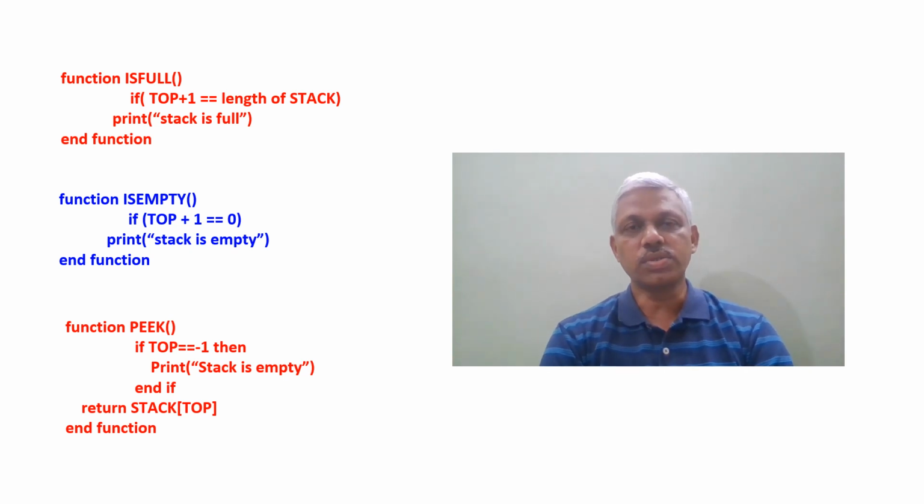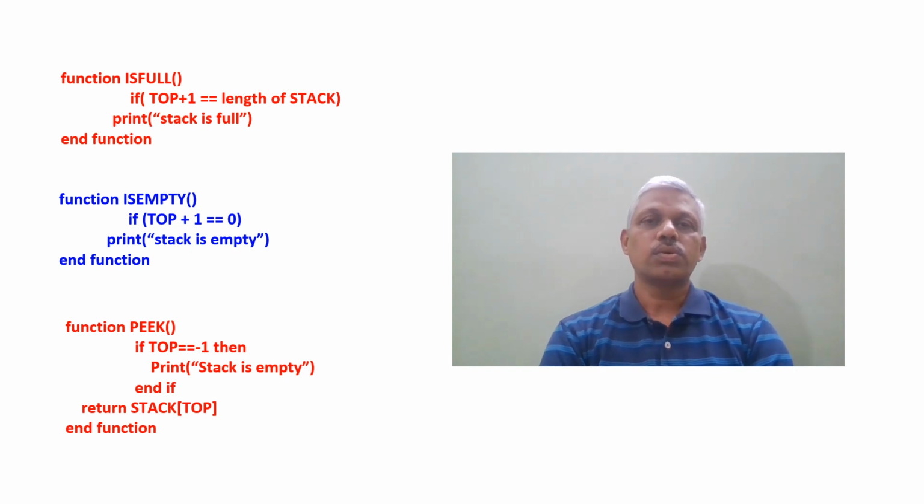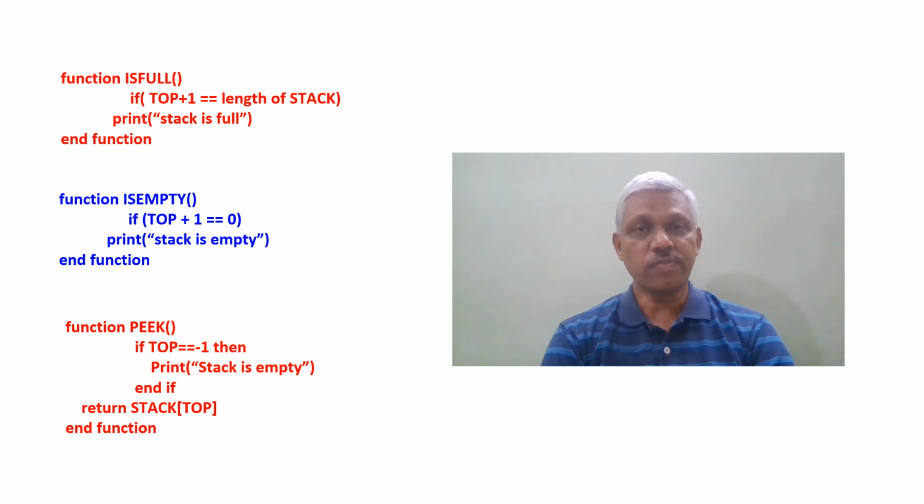Top is not the element, but the location of the element in the stack. So the element present at the location top, that is why stack of top is taken here. Whatever element or object is present in the location top will be returned, and that gives the topmost element in the stack. So peek is such a function which returns the topmost value that is present on the stack.